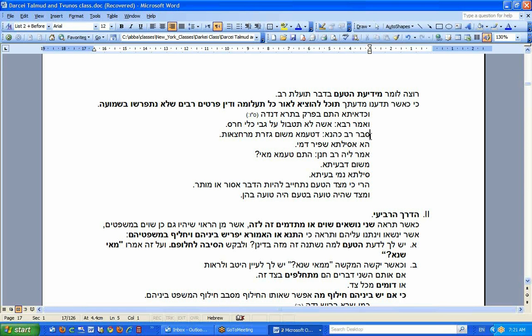So you ask yourself, why is klei cheres asur? He looks around and says, where else is klei cheres commonly used? In the bathhouse. That's the common reason there's a gezerah, because we're afraid they're going to confuse it.